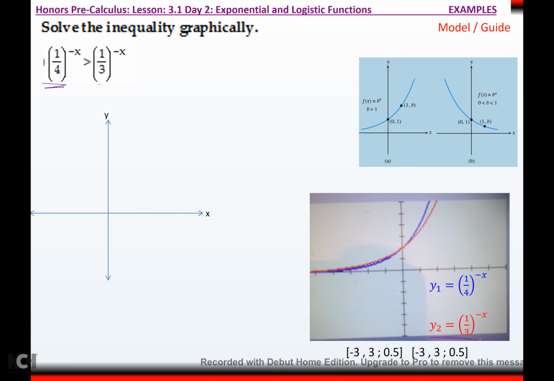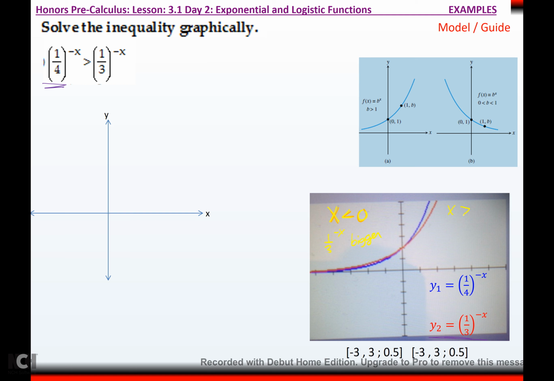Okay? Now, notice that when x is less than 0, on this side, the red is on top. So 1/3 to the negative x is bigger.